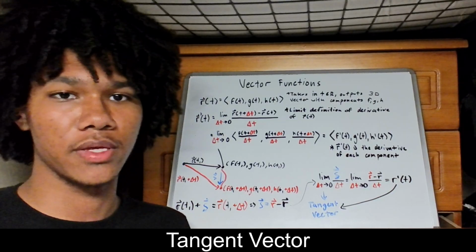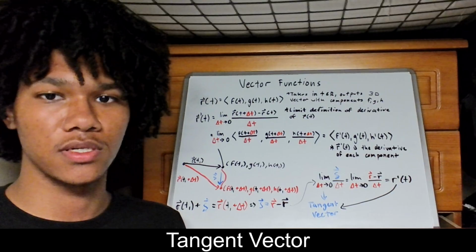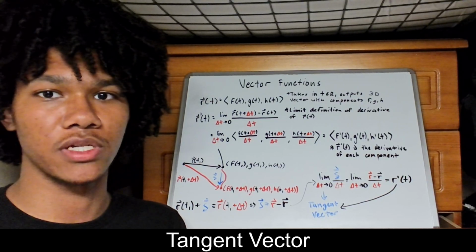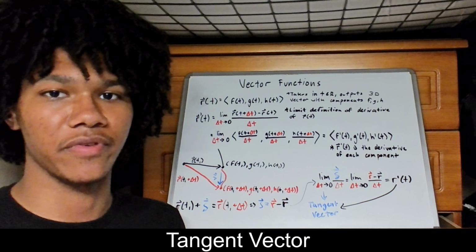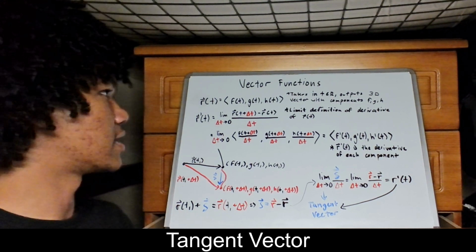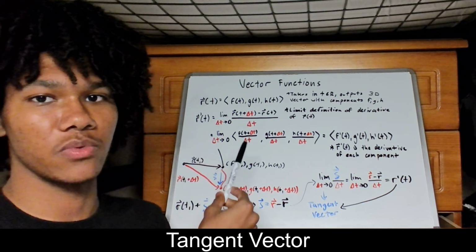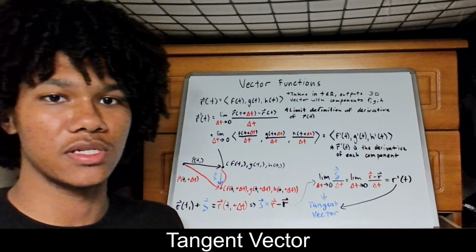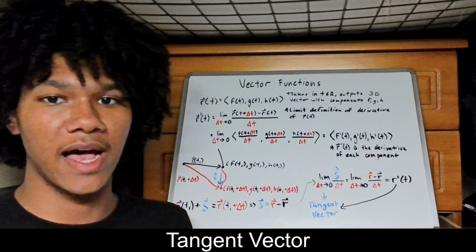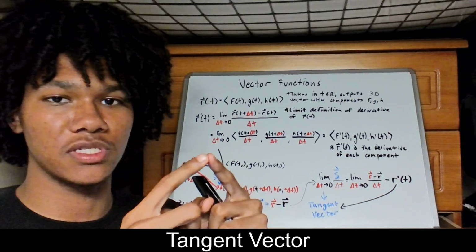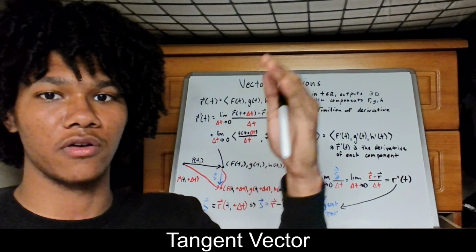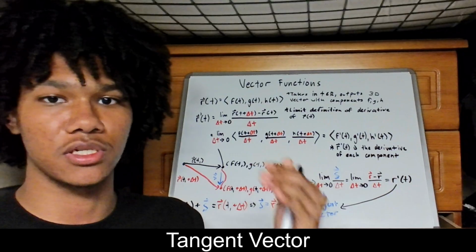First, let's start with taking the derivative of our vector valued function. The same as in single variable calculus, we're going to start with the limit definition of a derivative. If we take our function and we have our change in time, delta t, the derivative is equal to the limit as that time approaches 0 of the difference quotient between our second position and our first position.